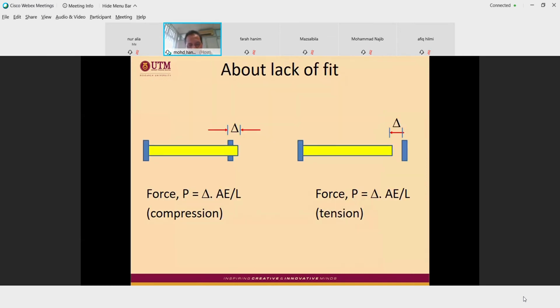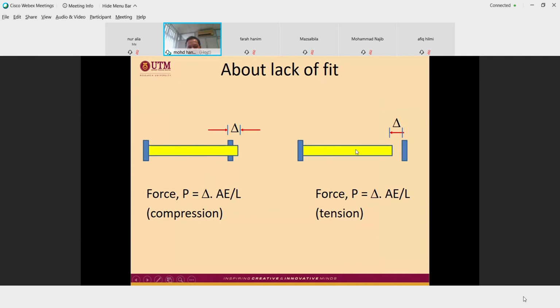Okay. This is lack of fit. So when the member is longer than the distance between joints, then you have to force or push back this member, to compress it. So when it is pushed or compressed, then it will be in compression.